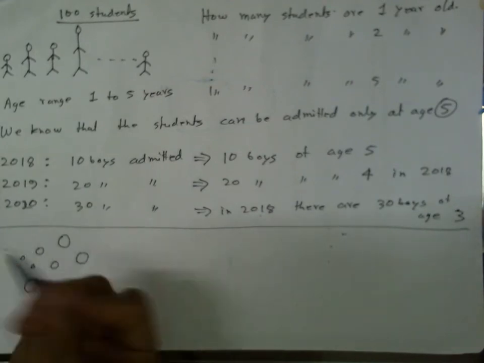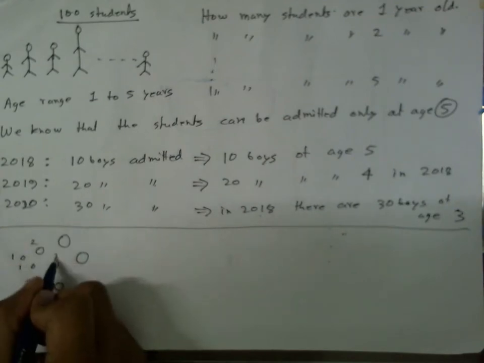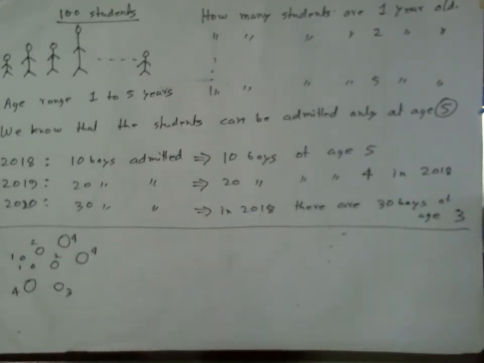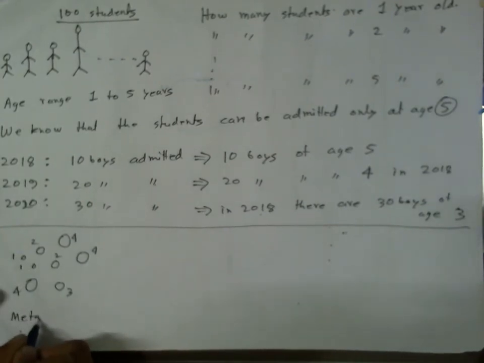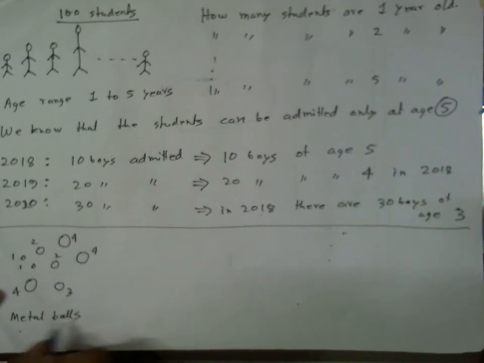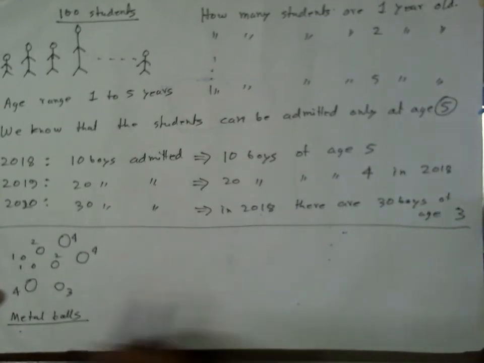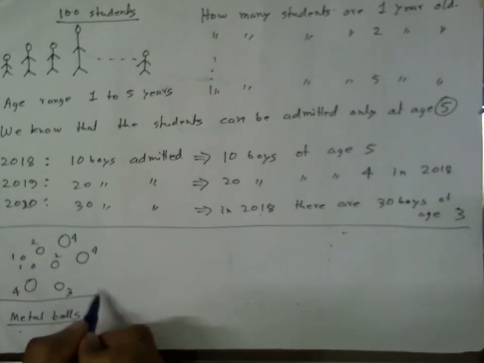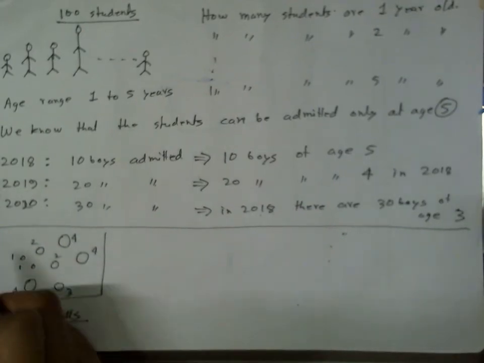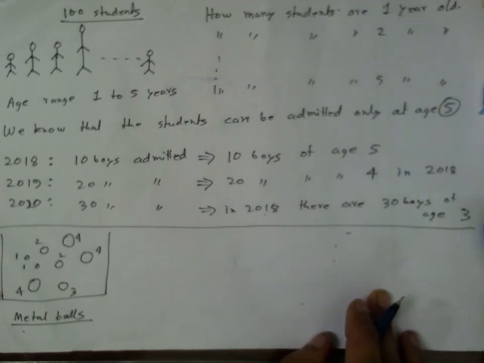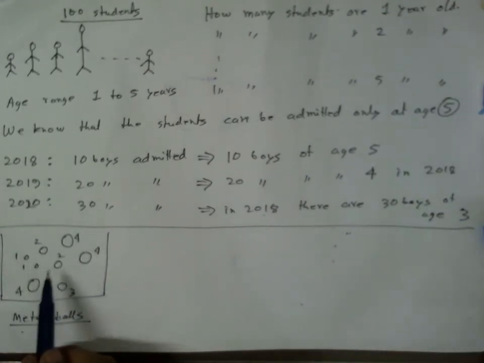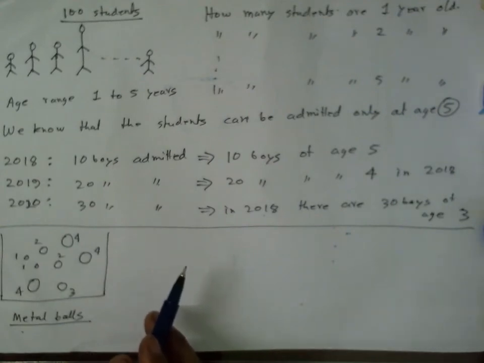So 1, 1, 2, 2, 4, 4, 4, 3, all these different balls are there. They are all mixed, all in a common container. The task here is again to separate the balls of different diameters.